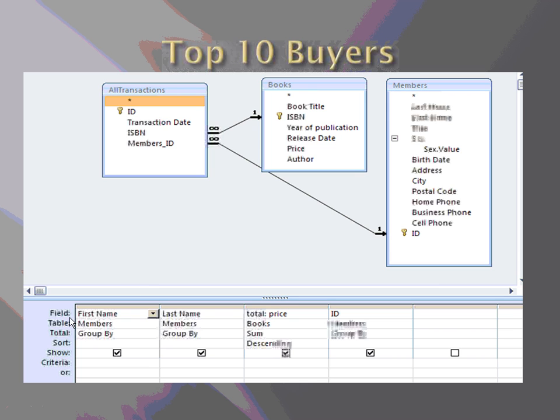So the steps that we are showing: first name, members, group by, last name, total price, ID, members.